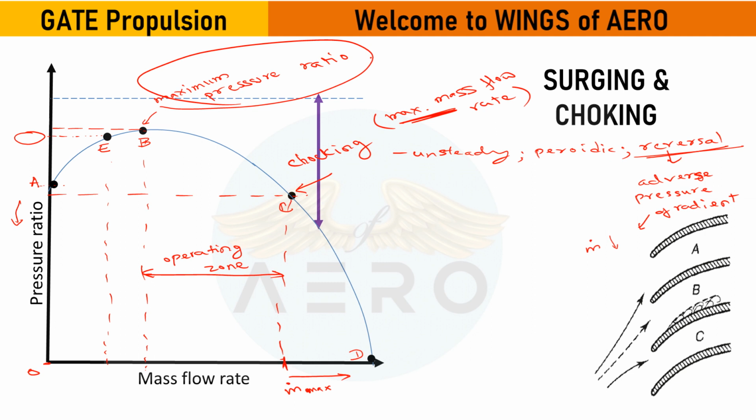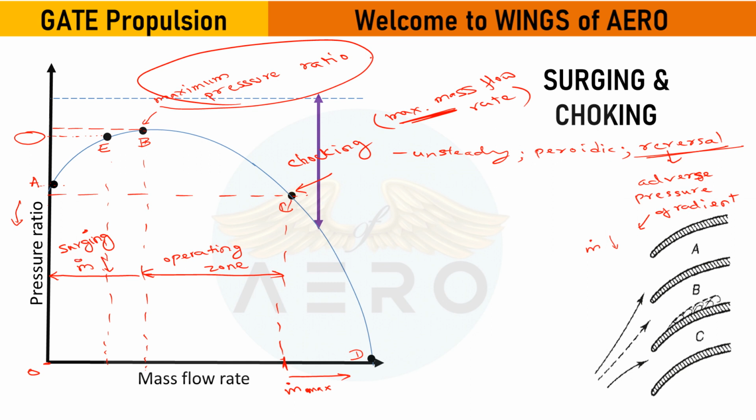But if the actual point is something below this, and the pressure ratio lies from point B to point A, it will start to surge. This is called stalling, with unsteady flow; the flow will not flow properly and there is a decrease in mass flow rate, okay.